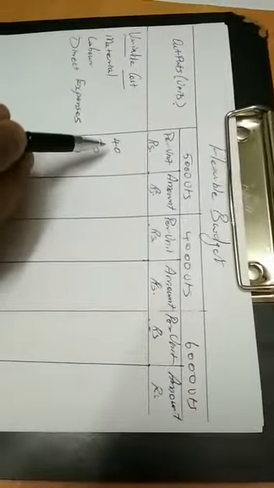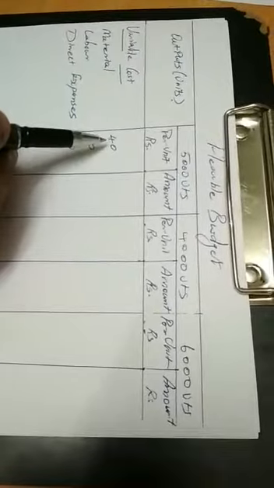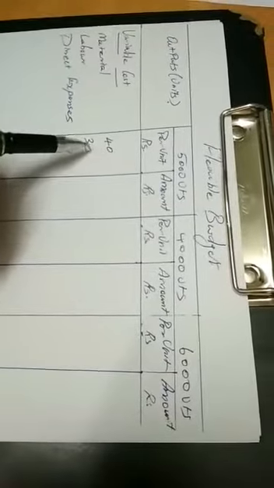The main important thing is the variable cost per unit will remain the same irrespective of the production. This is the very important point in the variable cost.